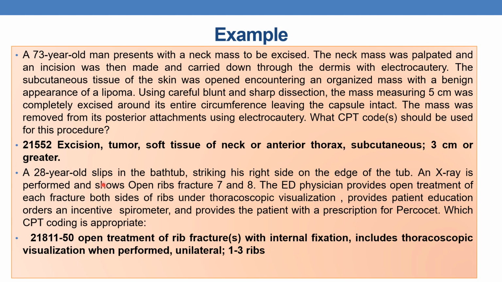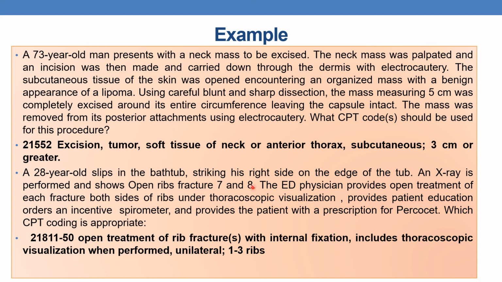Now let us discuss one more example. A 28-year-old slips in the bathtub, striking his right side on the edge of the tub. An X-ray is performed and shows open rib fractures 7 and 8. The ED physician provides open treatment of each fracture, on both sides, under thoracoscopic visualization.